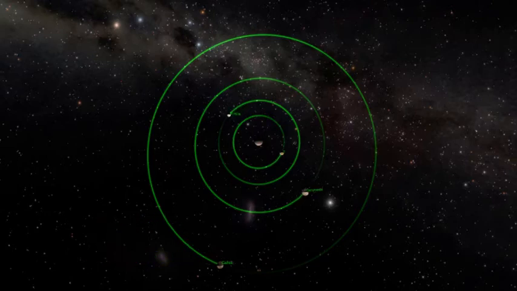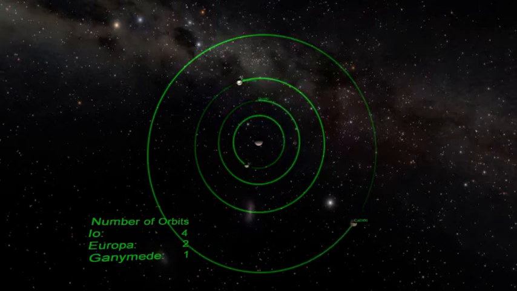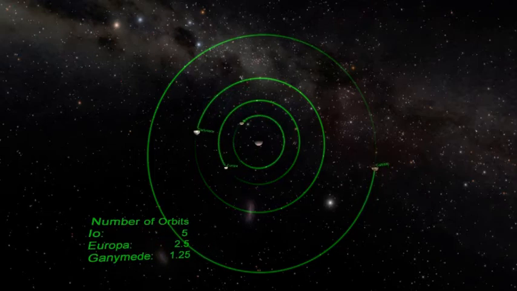So the orbital periods are multiples of each other. And for every 2 orbits of that innermost moon Io, Europa will orbit once. And by comparison, for every 4 of Io's orbits, Ganymede will orbit Jupiter only once. And so we can see those patterns emerging from the orbit counter.